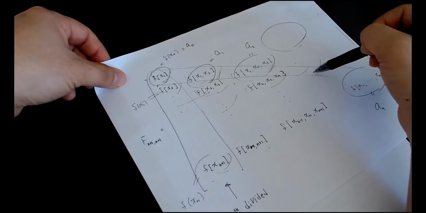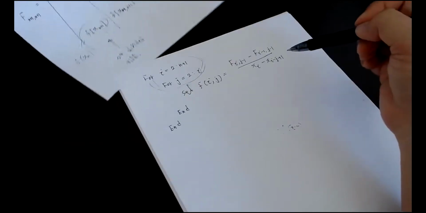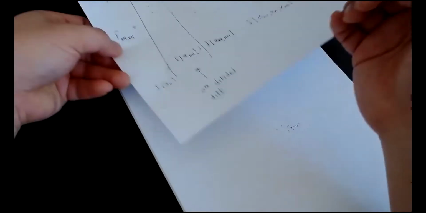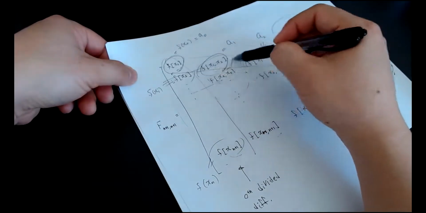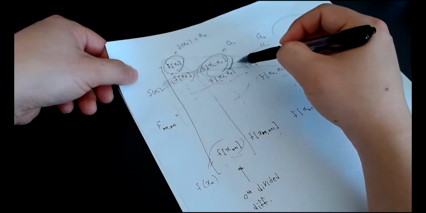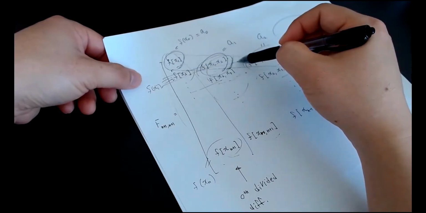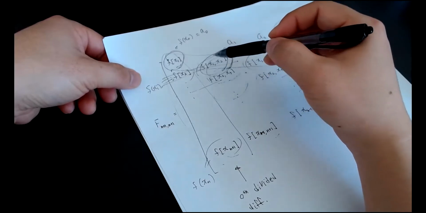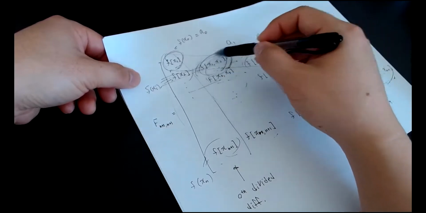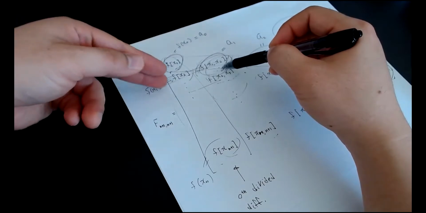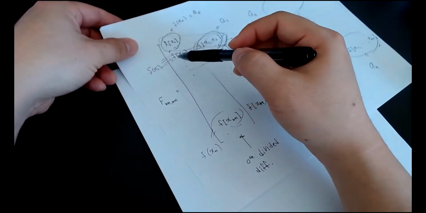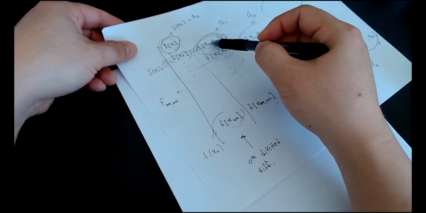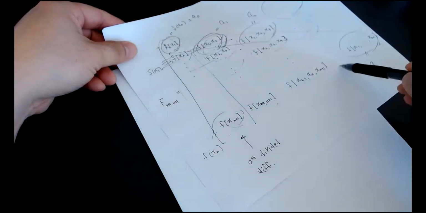So i starts from 2, which makes sense, because we need to compute this entry first, in the second row. I starts from 2 to n plus 1, where i is the index of the row, so i moves from the second row through the last row.